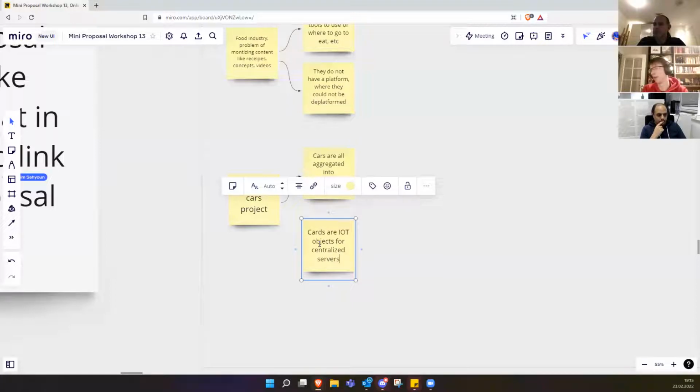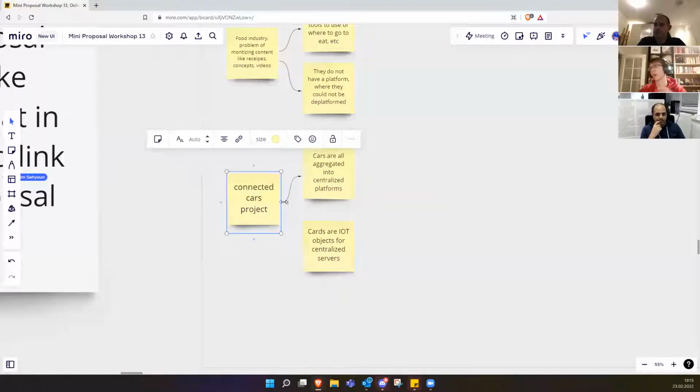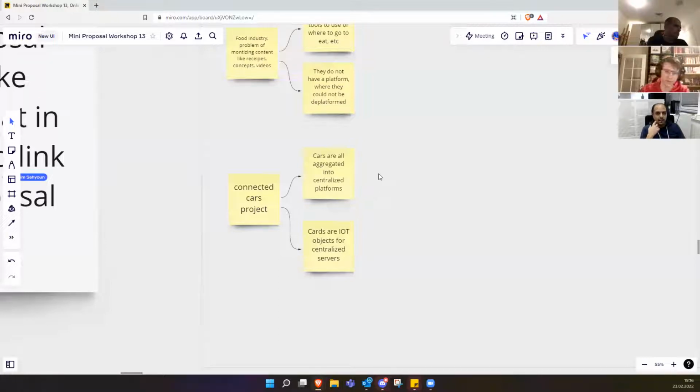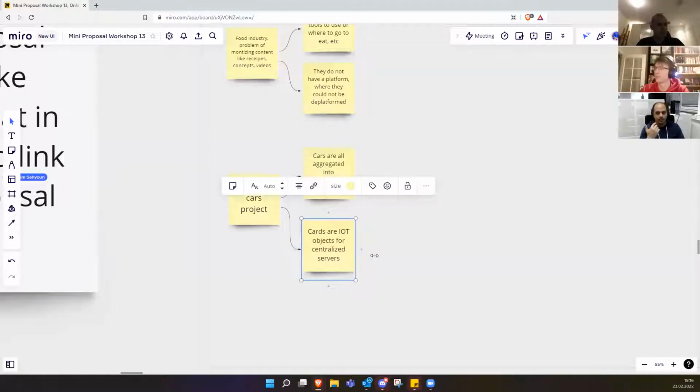Centralized. Okay, I misunderstood at first. I was thinking the cars are in the shops where people sell them, like centralized, but you're talking about the mechanics, like GPS location going to centralized servers. I mean the data of the car. The data of the car is connected to centralized servers.